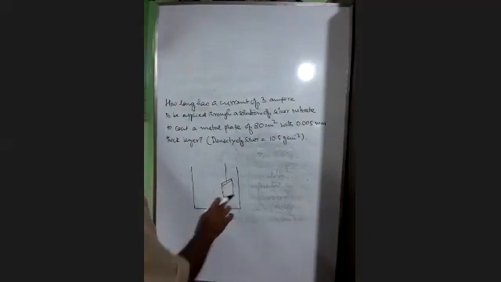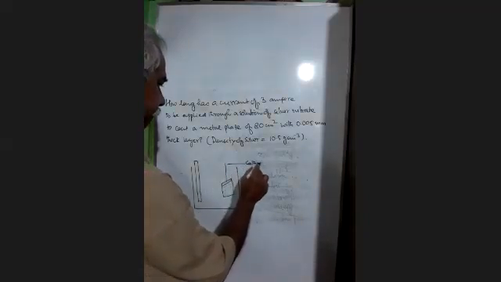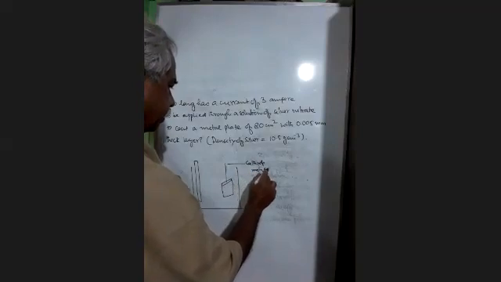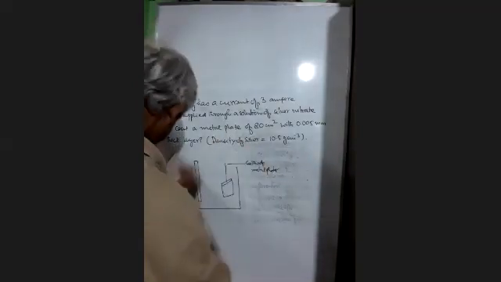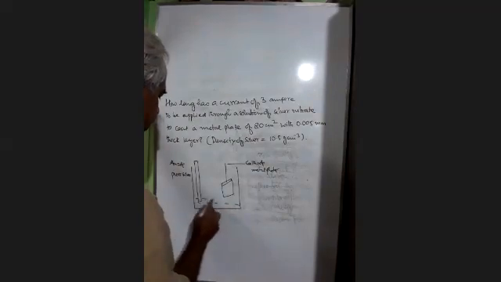And here I'll take an electrode. This will be the cathode, the metal plate. And this is the anode, and this is made of pure silver. And here the electrolyte is silver nitrate.